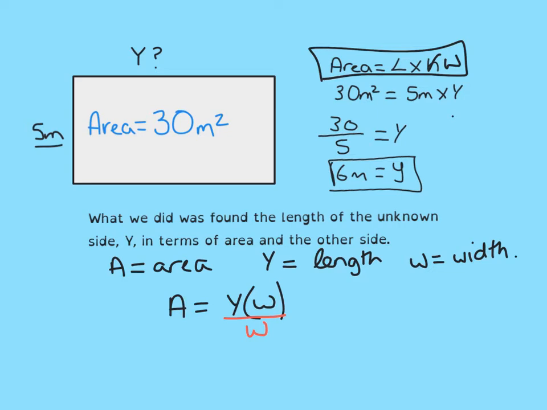Okay, and if I do it to one side, I must do it to the other. So what I get then is these two cross out, and I got y equals A over W, which if you look up here, this is exactly what you guys did. So you put the area over W, the width, which in this case the width was 5.